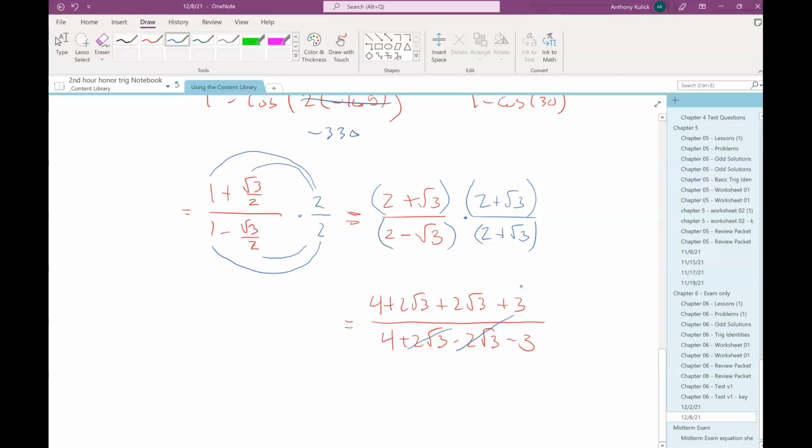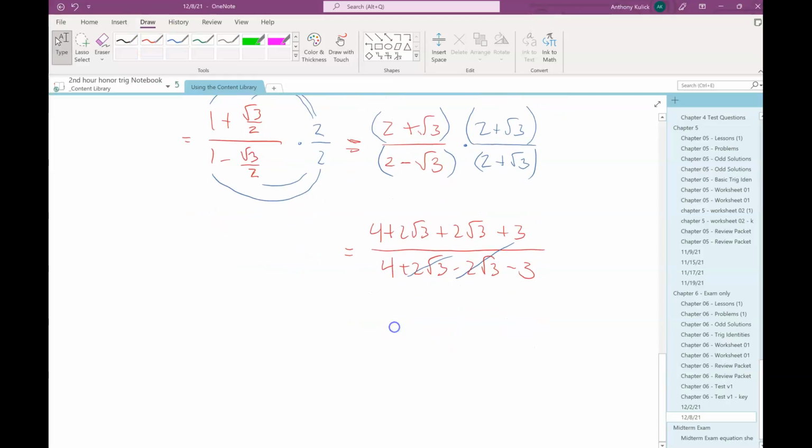Those cancel out. And then I have a 4 minus 3 down there, which is just 1. Cool. In the numerator, 4 plus 3 is 7. And 2 root 3 plus 2 root 3, we just add the coefficients, but the radical part stays the same. So that gives me 4 root 3s. So my answer is just 7 plus 4 root 3.